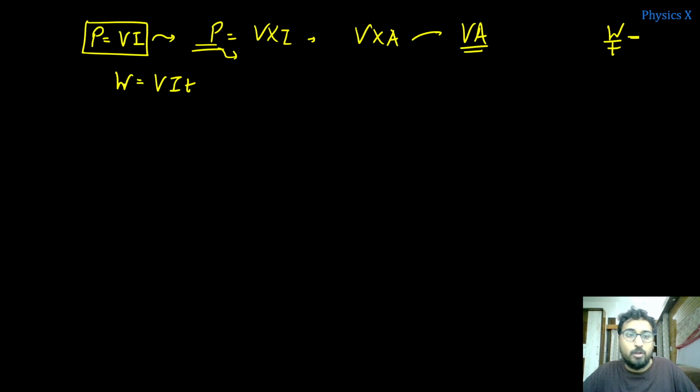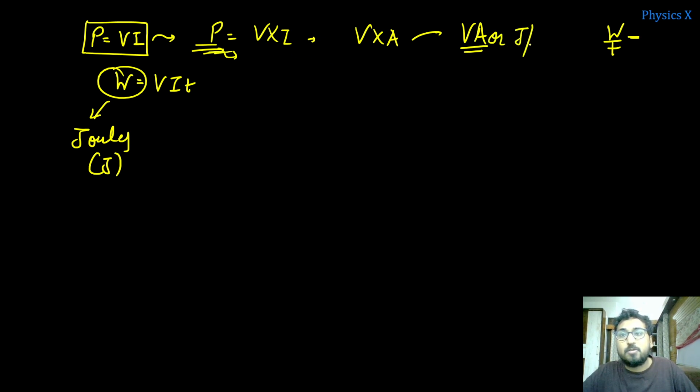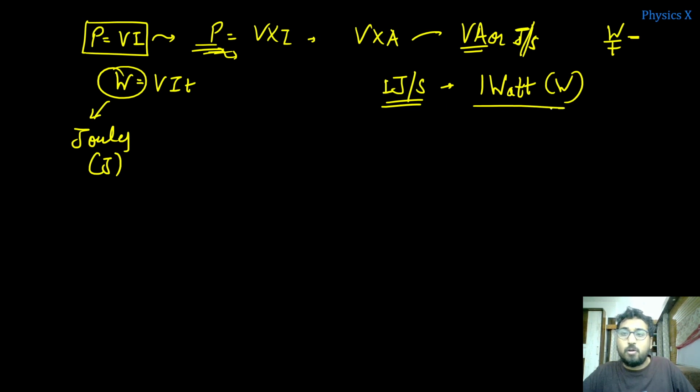The unit of work is joules, represented by J. So power is joule per second, and we call 1 joule per second as 1 watt, represented by W.